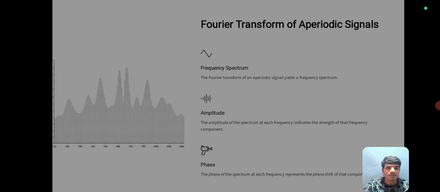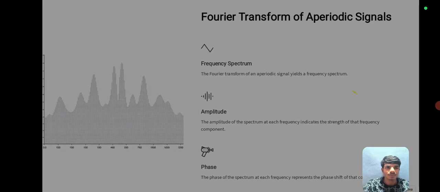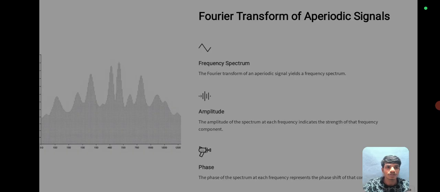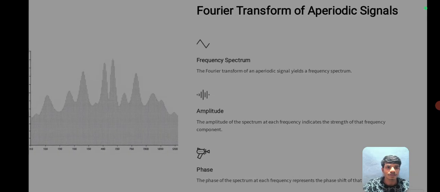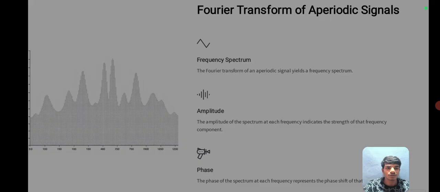The next slide we have is the Fourier transform of aperiodic signals. In that we have frequency spectrum, amplitude and phase. The frequency spectrum is nothing but the Fourier transform of an aperiodic signal yielding a frequency spectrum.